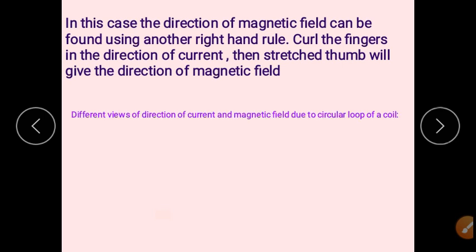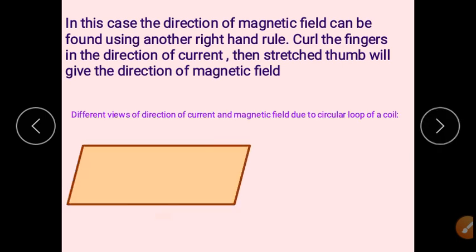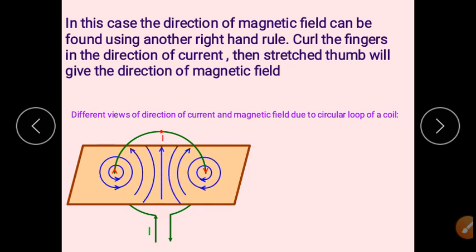You can see here, this is a current carrying loop. You can see current is flowing in clockwise direction. Then you use your right hand and curl your fingers in the clockwise direction, and see in this direction your thumb points into the plane. That will be the direction of magnetic field.